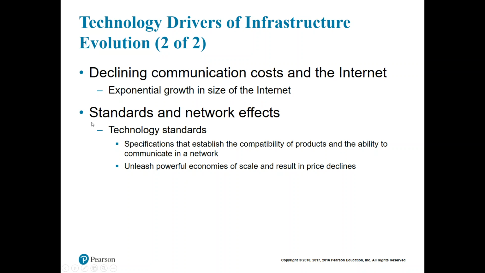Standards and network effects: technology standards are specifications established for compatibility of products and the ability to communicate in a network. So basically, how fast can we communicate nowadays in comparison to back in the old days when we had modems?